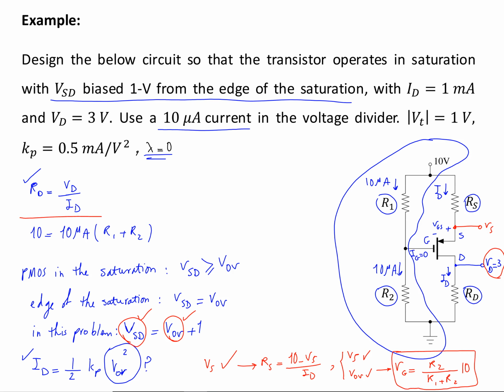I have another equation for R1 and R2 in here. From there I can get the value of R1 and R2. So with this plan, I can get the values of Rs, Rd, R1 and R2, which are all the unknowns that I have for this design problem. Let's go ahead and write all of these equations and calculate the unknown values.